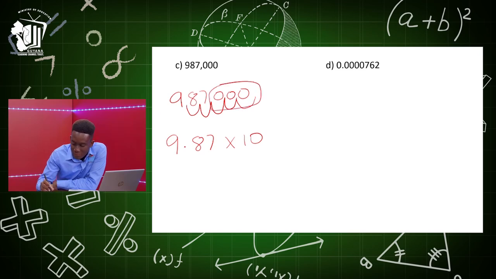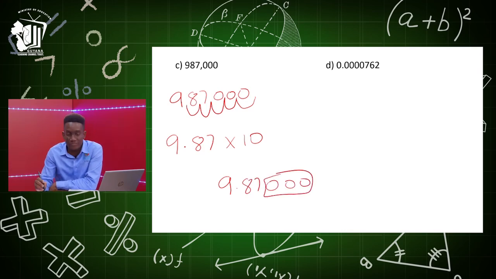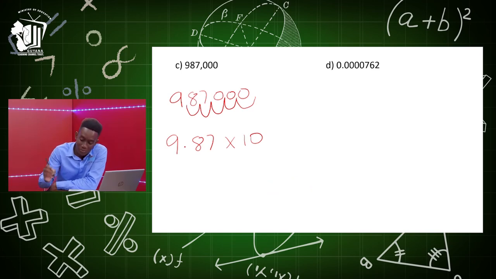It doesn't make sense for us to include the zeros and write 9.87000. These zeros have no value, so you can just leave them out. So this is 9.87 multiplied by 10 raised to the, we saw that we move 1, 2, 3, 4, 5, raised to the 5th power because 987,000 is obviously greater than 1.